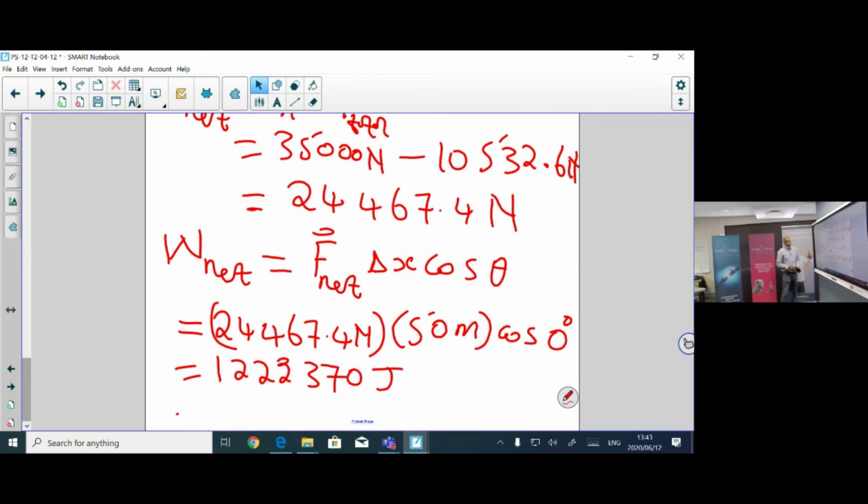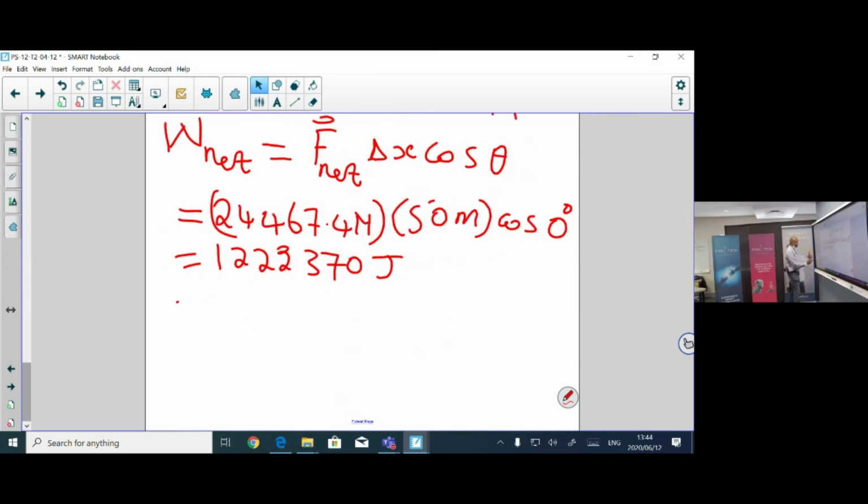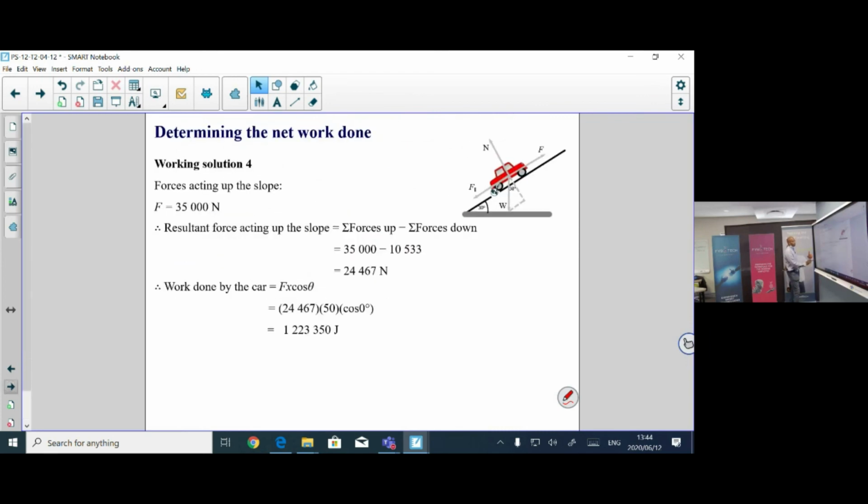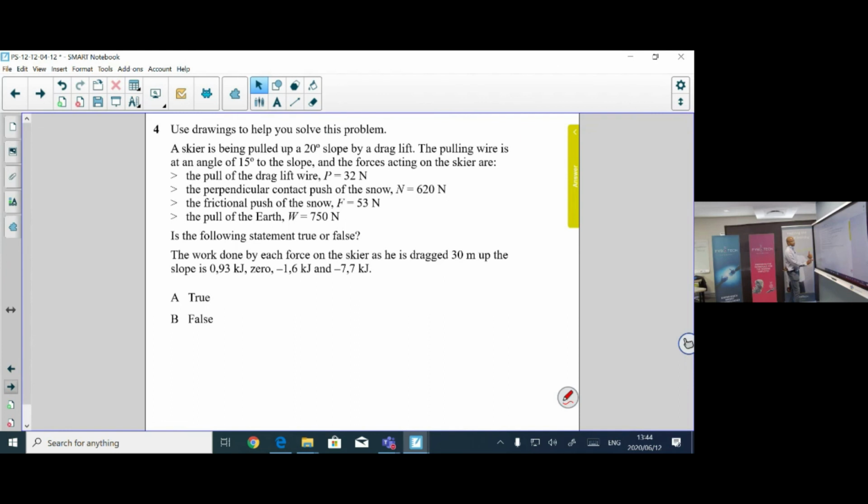And now, due to time, I can just give you a homework. This is the homework that I'm giving you. Use drawings to help you to solve this problem. A skier is being pulled up a 20-degree slope by a drag lift.